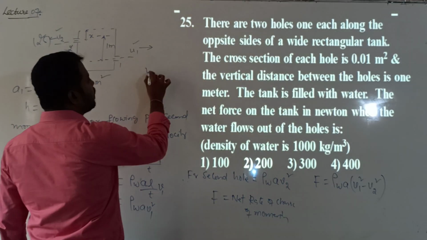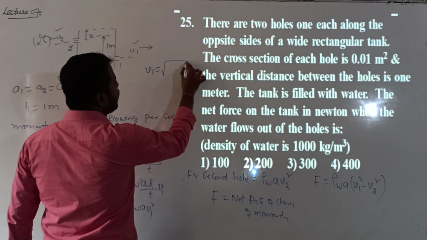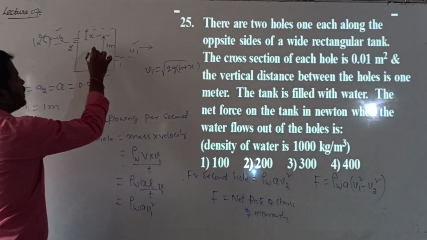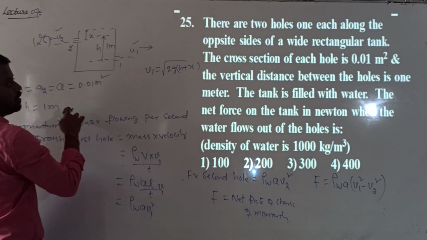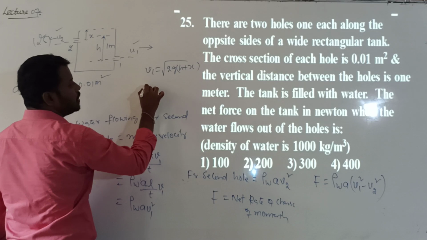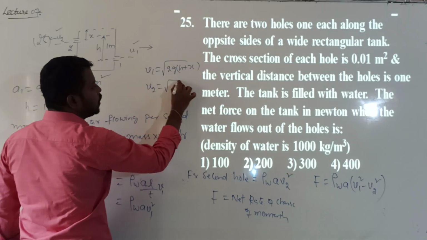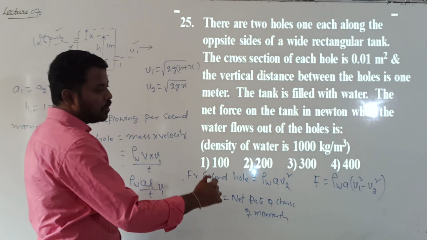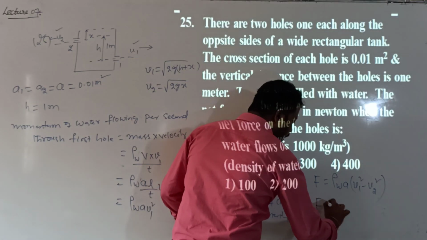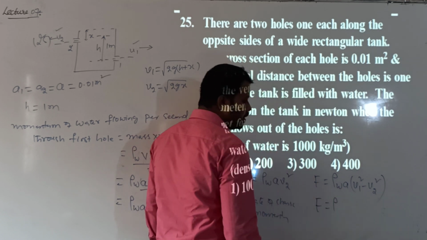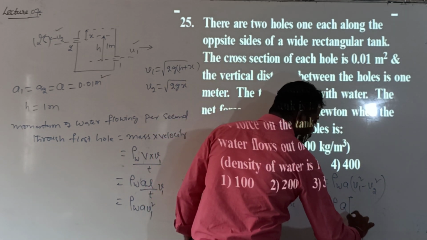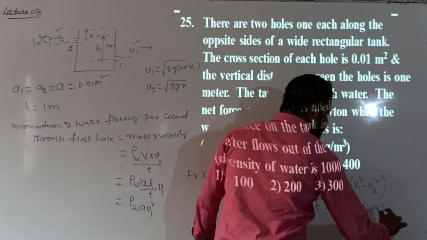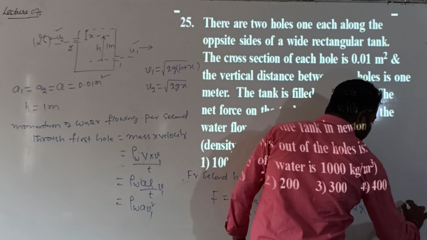And what is the value of V1? V1 is given by root over 2 into g into H plus X. If this has depth H, and from here to here is X, the total is 2 into g into H plus X. V2 is given by root over 2 into g into X. Substituting here, F is rho into A into 2g(H plus X) minus 2gX.